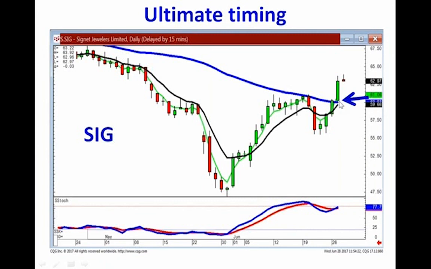Then it came right back up to this level. We can see what's setting up as a J-hook pattern bobble. So what do we know we can do if it opens positive the next day? We know that we've got an extremely high probability that we're going to be trading higher. How much higher? We don't know, but it puts us in situations where we're in at the exact right time.